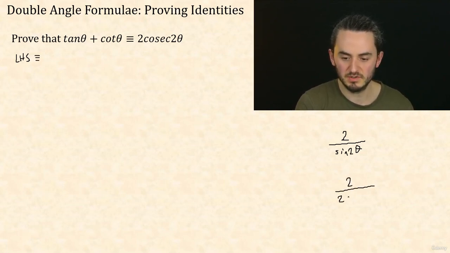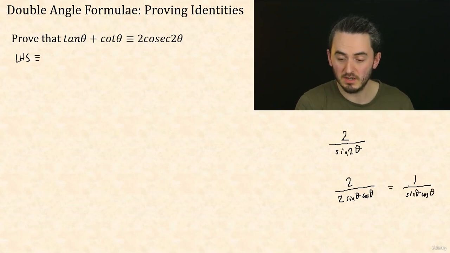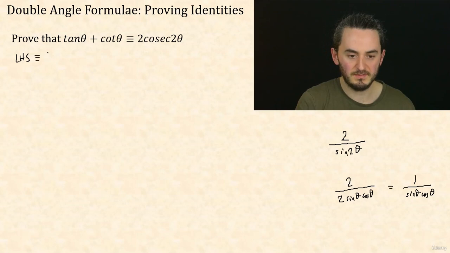Sine 2 theta is 2 sine theta cos theta, but that cancels down to 1 over sine theta cos theta. So I'm just giving myself this as a target to aim for, because that's easier than aiming blindly towards 2 cosec 2 theta. So we start with our left-hand side, which is tan theta plus cot theta.